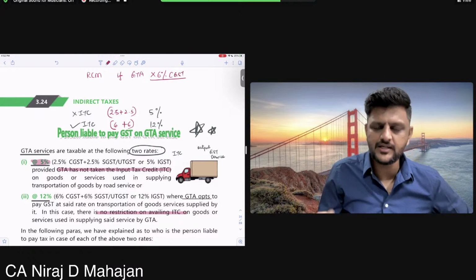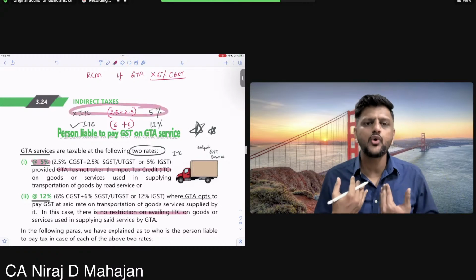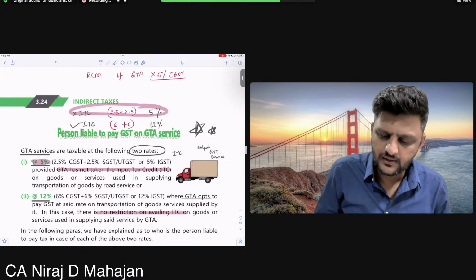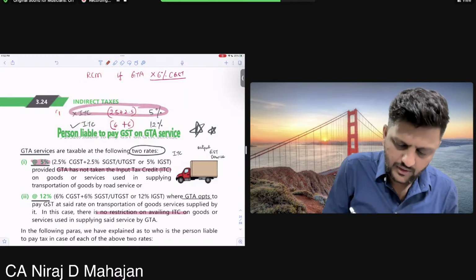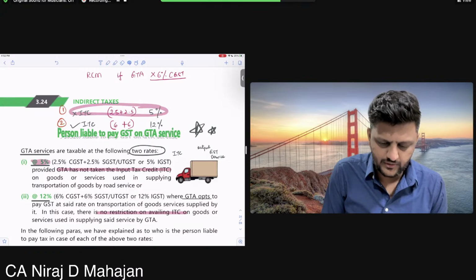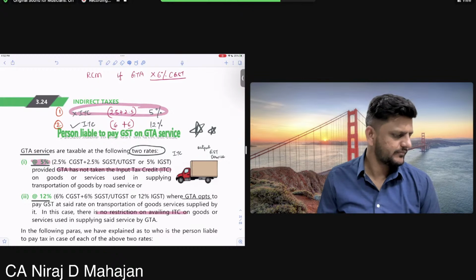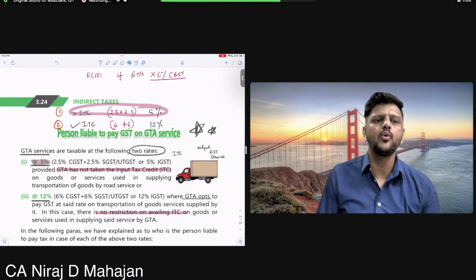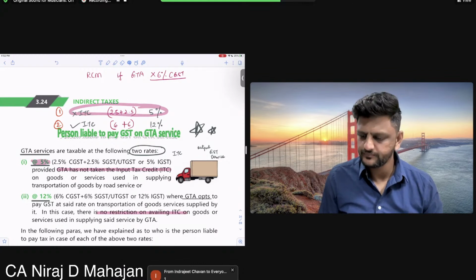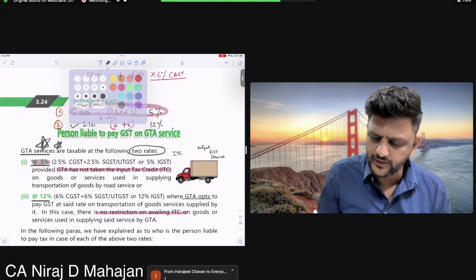That means he has taken under which scheme? He's taking under this scheme. So if here the dealer is not going to claim ITC, then can you tell me, if I write down here number 1 and number 2, is it okay? Number 1 and number 2 I've written here. Can you tell me RCM is getting applicable where? 1 or 2? Very good. Very good. Nitin, understood?